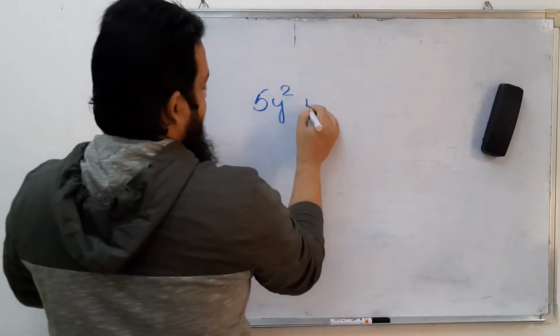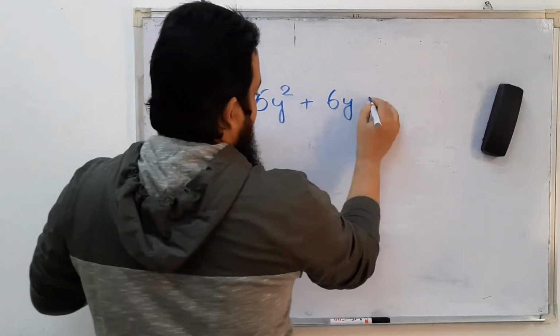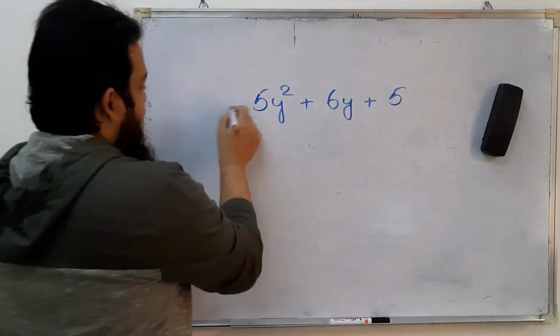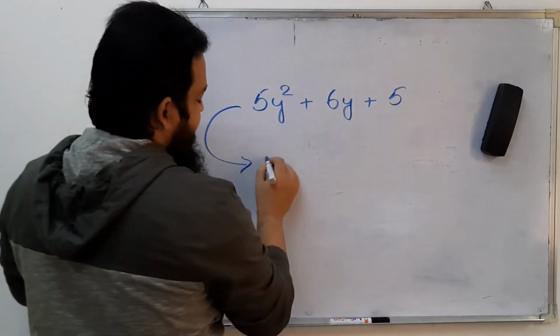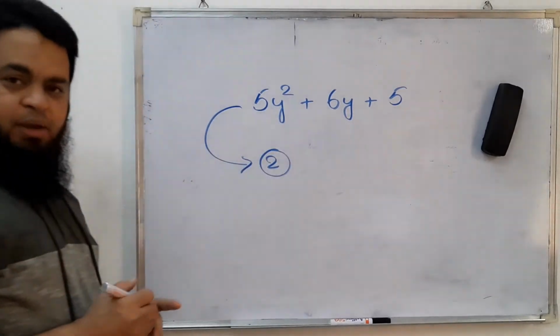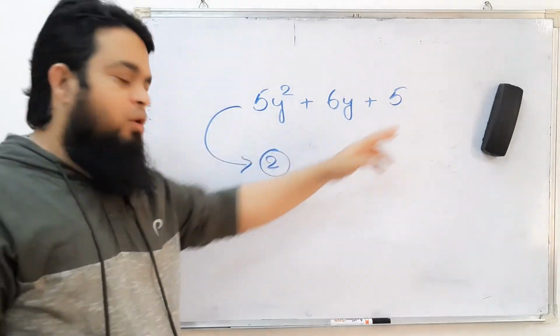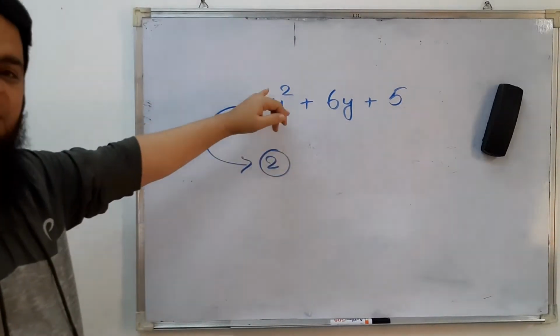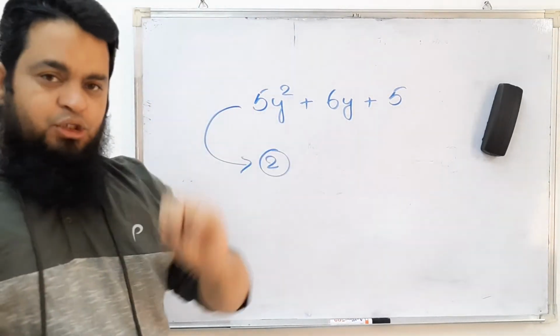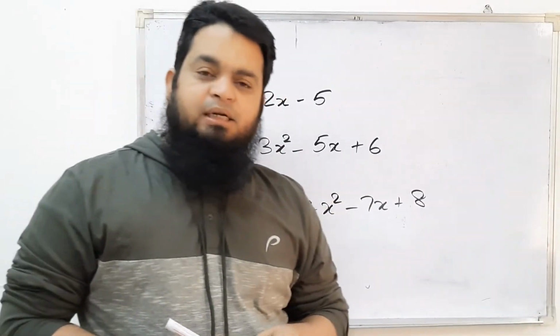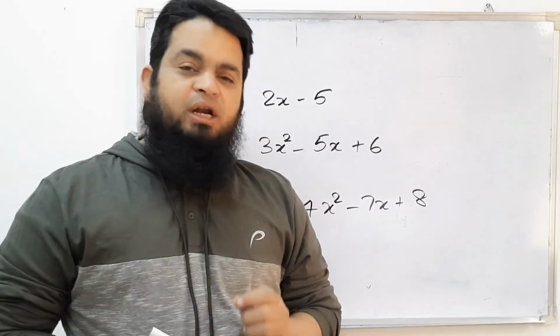5y square plus 6y plus 5. So here, what is the degree of this polynomial? It is 2. Okay, understood? Because here the degree is 1 and here it is 0. So therefore the degree of this particular polynomial is 2. Okay, yes, we were seeing the types of polynomials based on degree.